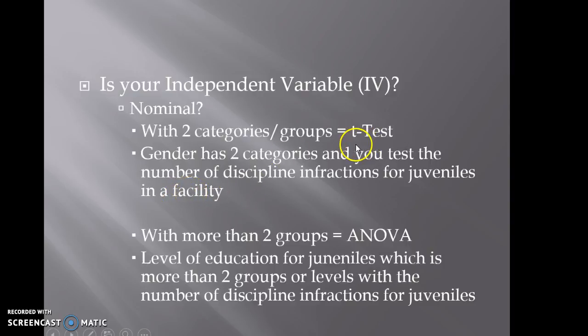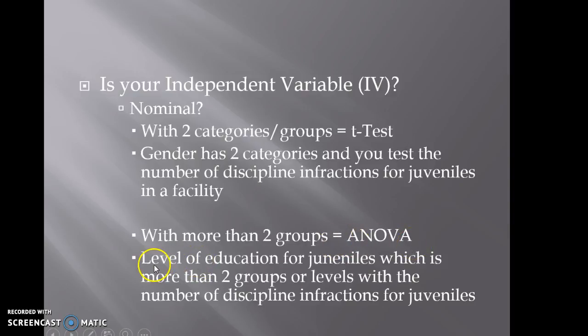You would use what is called a t-test. You're testing the means of the number of discipline infractions between male and female. So two categories, t-test.